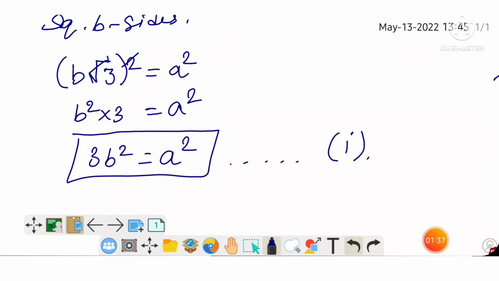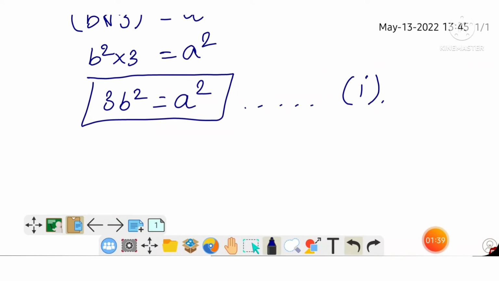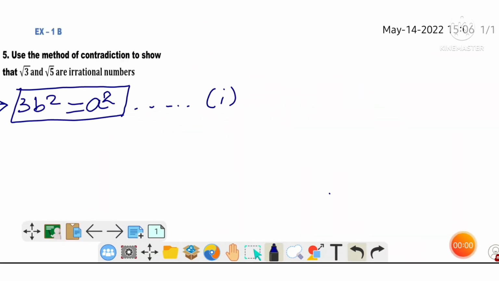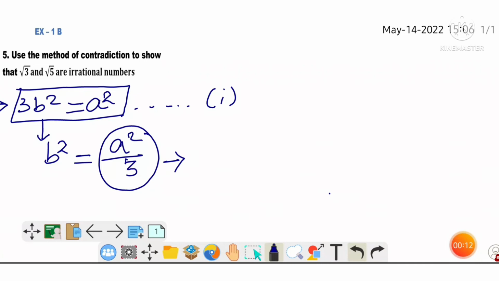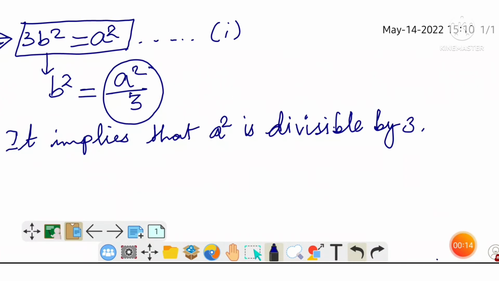From this equation, we can take out the value of b square. b square equals a square upon 3. Here we found that a square is divisible by 3.